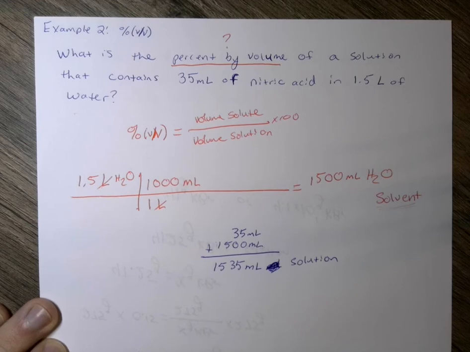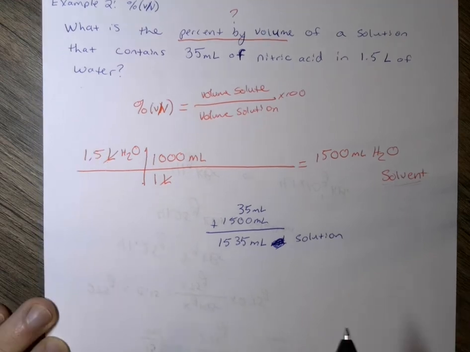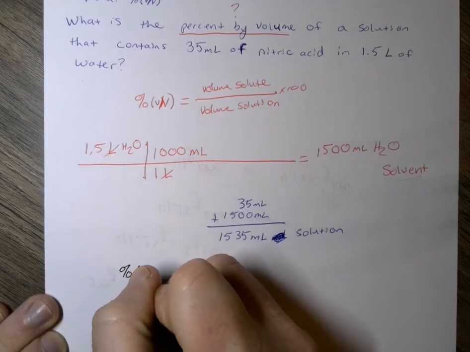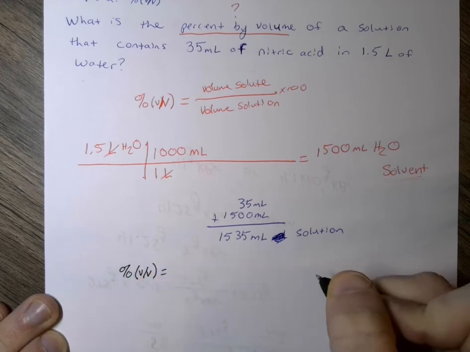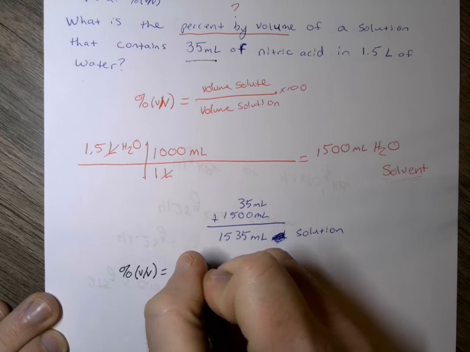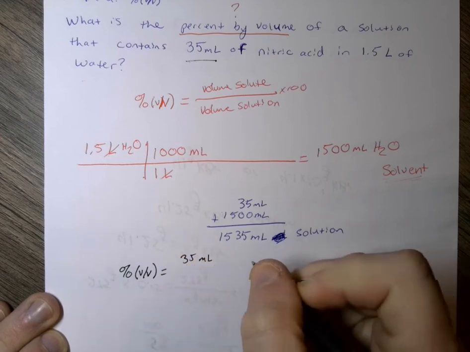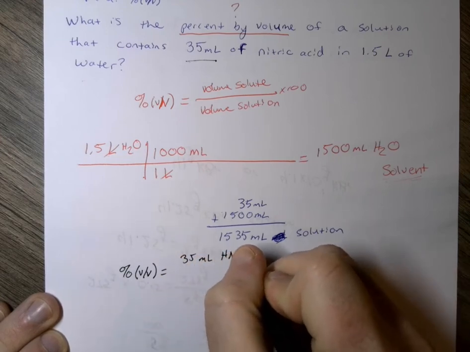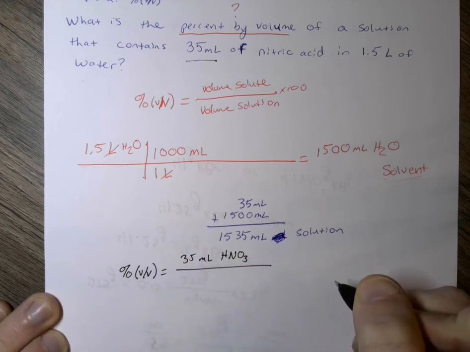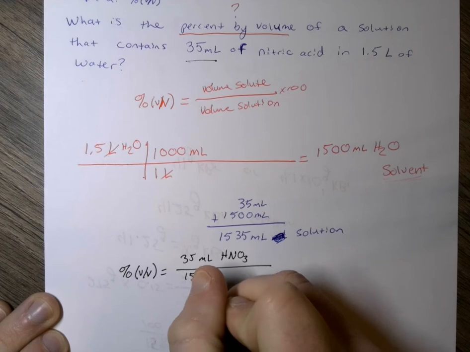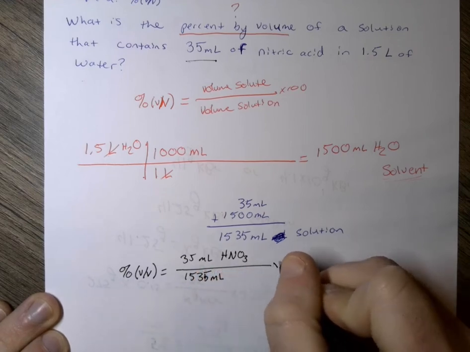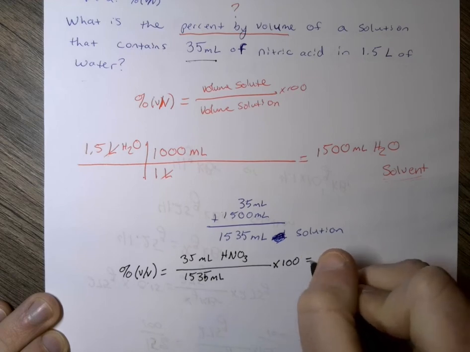So now I go through and I calculate by putting everything where it needs to go. So percent V over V is equal to solute, 35 milliliters of HNO3, nitric acid. Divide that by the total, 1,535 milliliters of solution times 100.